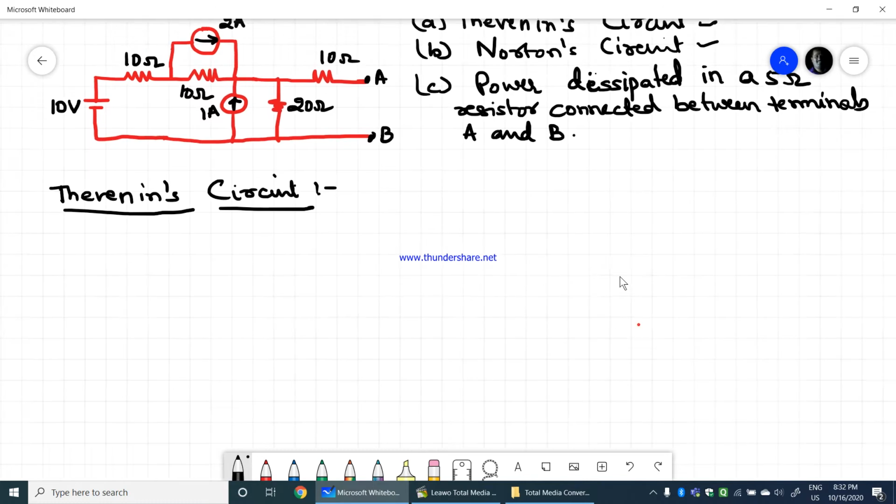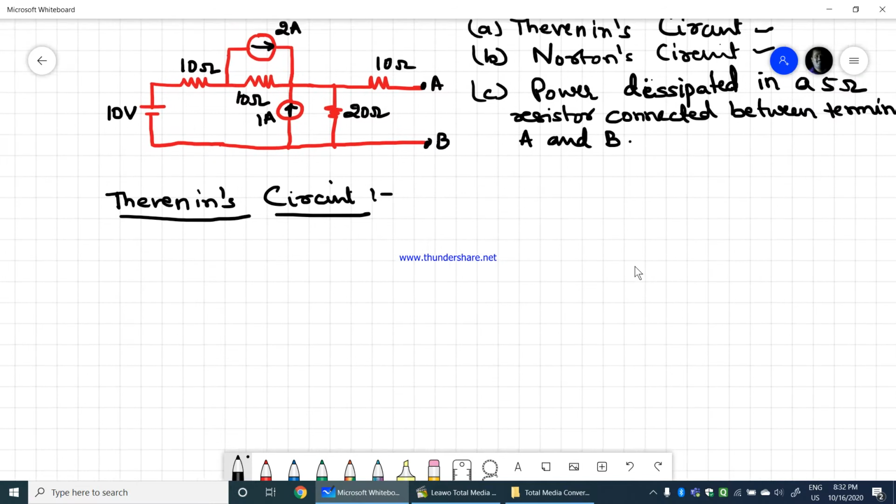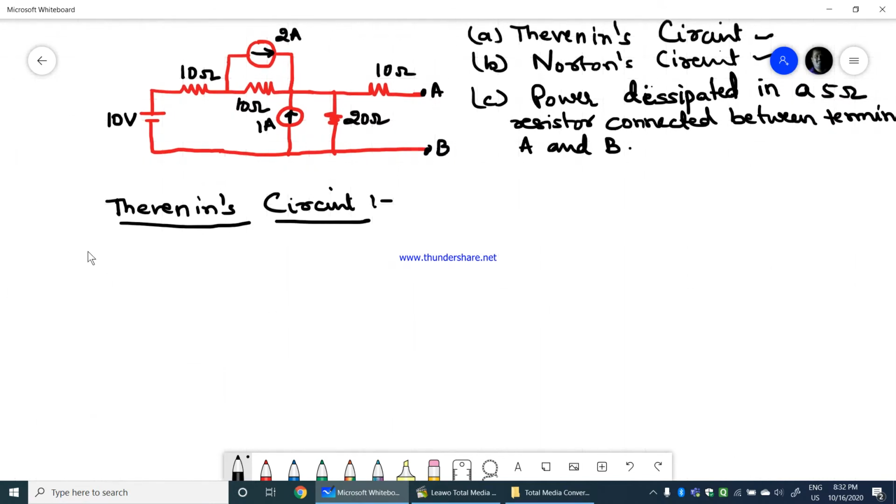Now we all know, in the video where I explained the statement of Thevenin's and Norton's theorem, I also explained the procedure involved in finding out the Thevenin circuit. First step is to find out VTH.